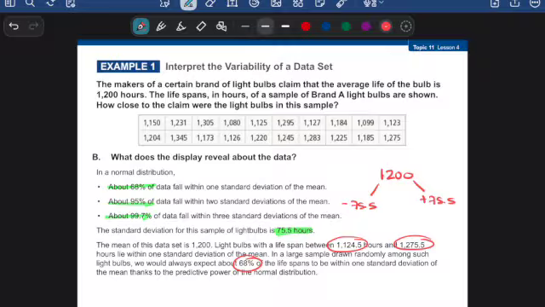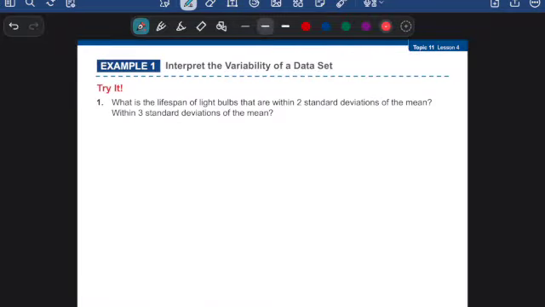So 68% of the light bulb surveys should fall within this interval of lifespan. So normal distribution, having bell curves, is great for making predictions because we have these set standard deviations that we can make calculations and set percentages of data that fall within those standard deviations.